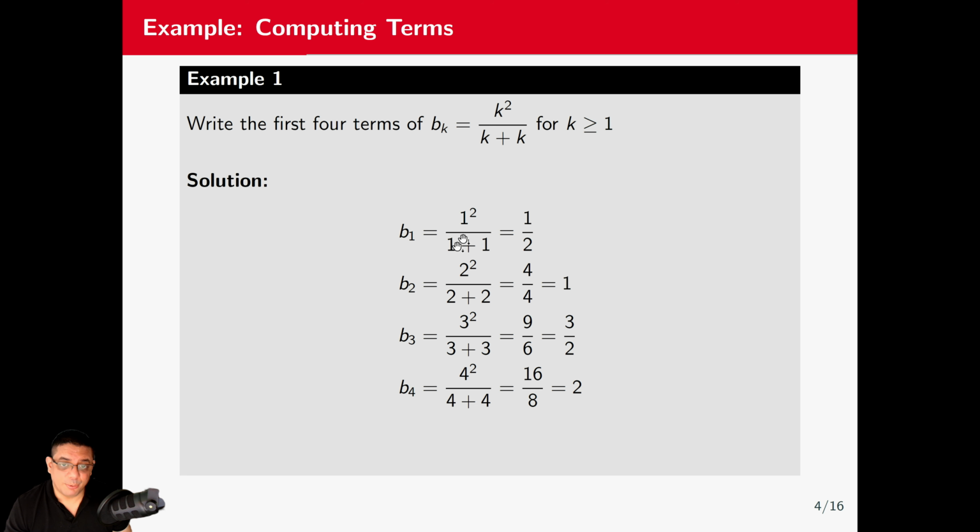And for b4, I plug in 4 and get 4 squared over 4 plus 4, which is 16 over 8, which is 2. The sequence here is 1/2, 1, 3/2, 2.